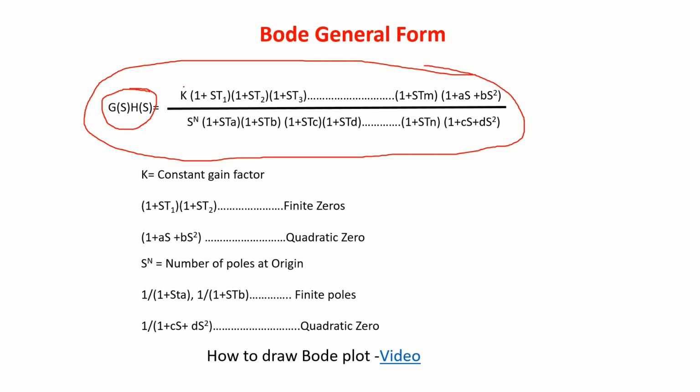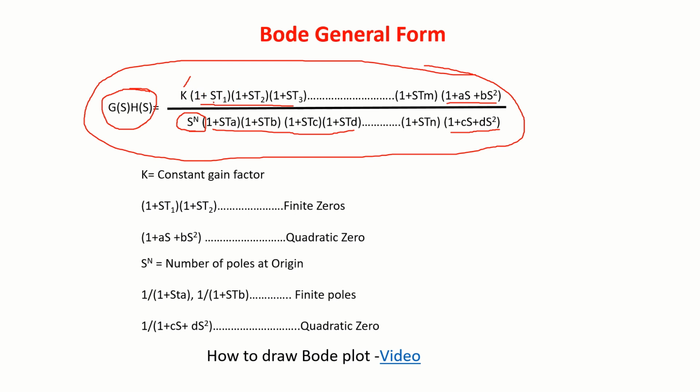This is a constant gain factor K. These are finite zeros. This is a quadratic zero. These are the number of poles at the origin. These are finite poles. This is a quadratic pole.